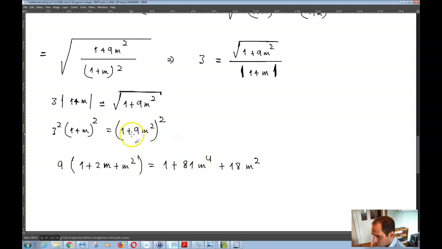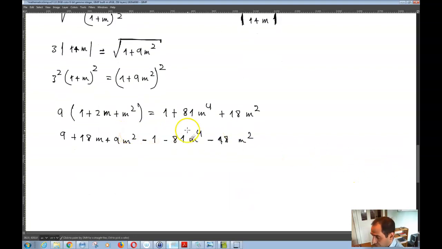So that's 1 squared, and b squared is 81m raised to the power 4, and then 2ab would be 2 times 9m squared, which is 18m squared. So I write this as 9 plus 18m plus 9m squared, and move these to the other side: negative 1, negative 81m raised to the power 4, minus 18m squared.